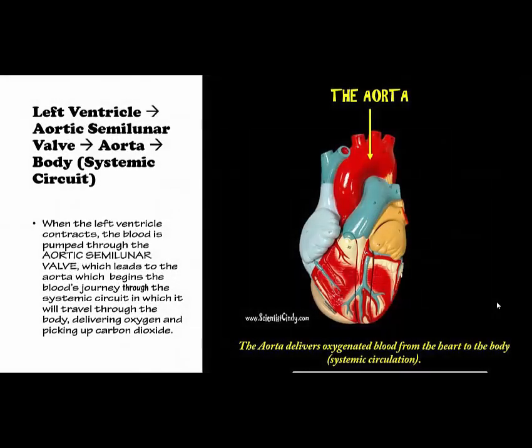When the left ventricle contracts, the blood is pumped through the aortic semilunar valve, which leads to the aorta, which begins the blood's journey through the systemic circuit, in which it will travel through the body, delivering oxygen and picking up carbon dioxide.